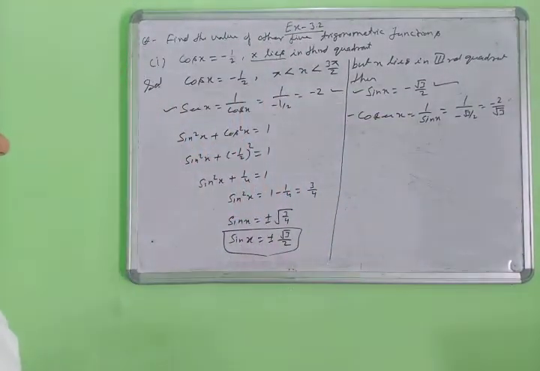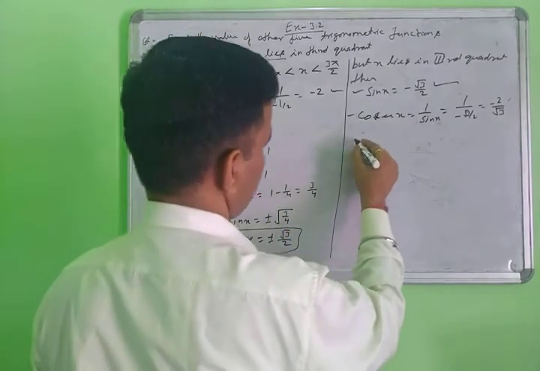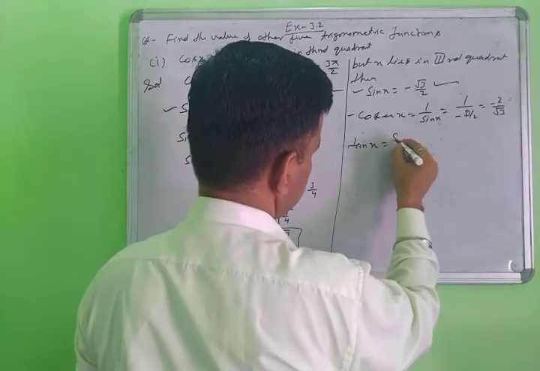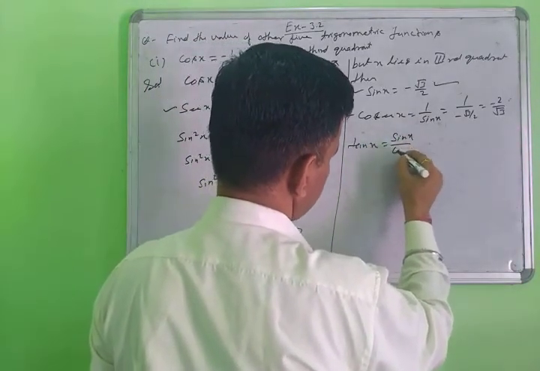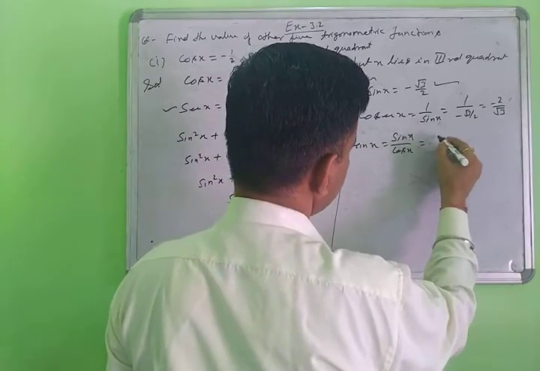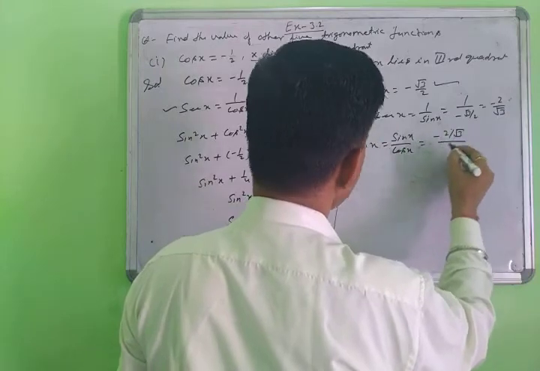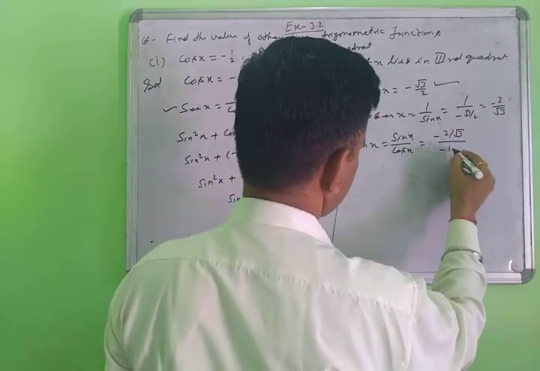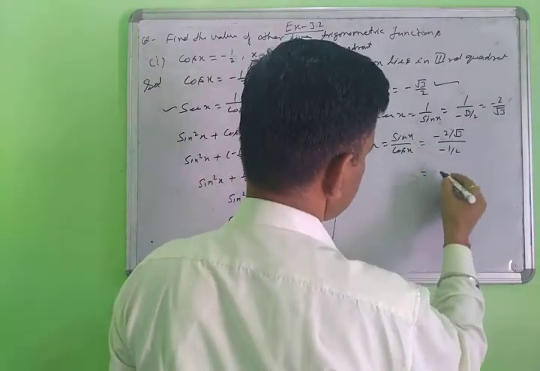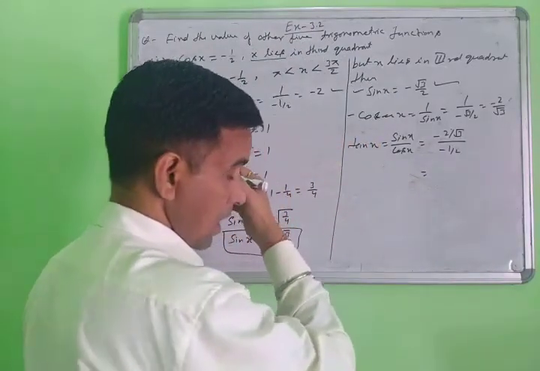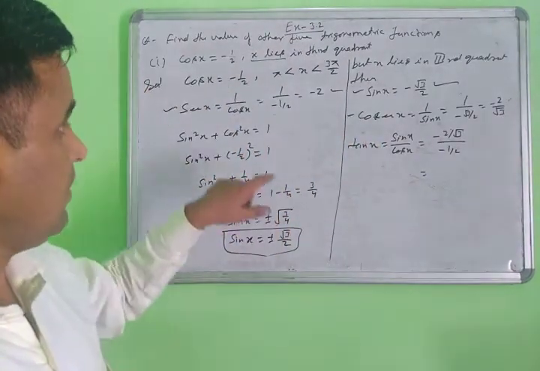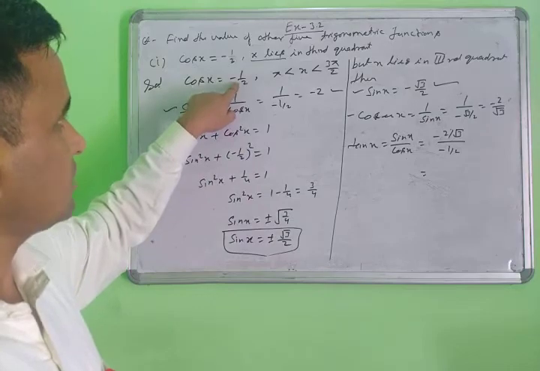And then you find tan x. What is the value of tan x? Sin x upon cos x. What is the value of sin x? Minus root 3 by 2. And what is the value of cos x? Minus 1 by 2.